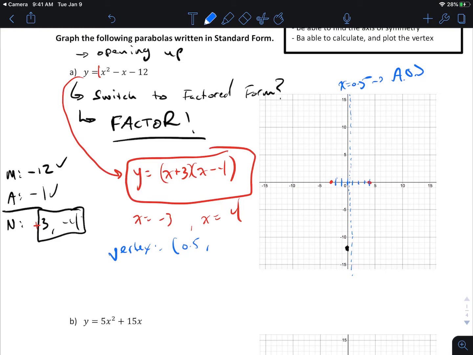Wouldn't it be at positive 1 and not 0? Does positive 1 look like halfway? Negative 3 and 4 are the two x values, right? So it wouldn't have to be negative 4 and 4 for it to be 0. It's not at 0 though. This is 0.5.